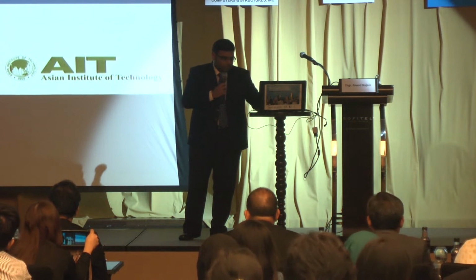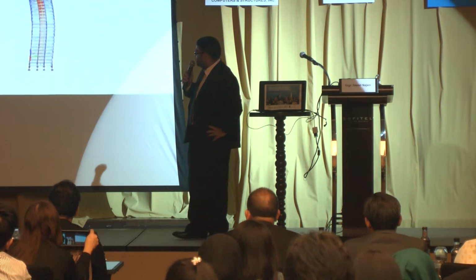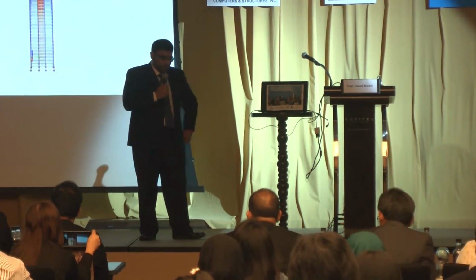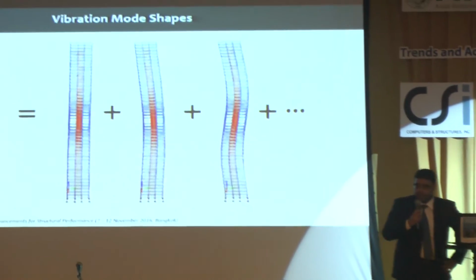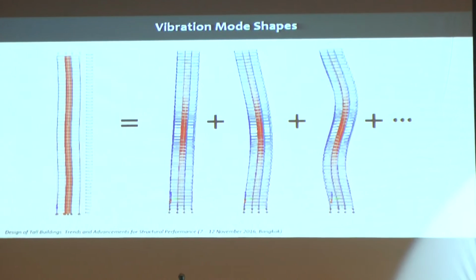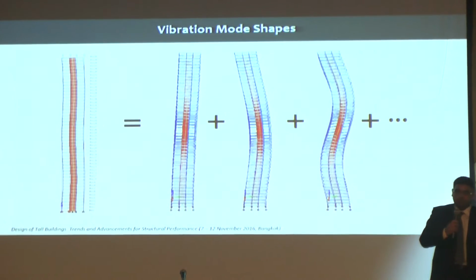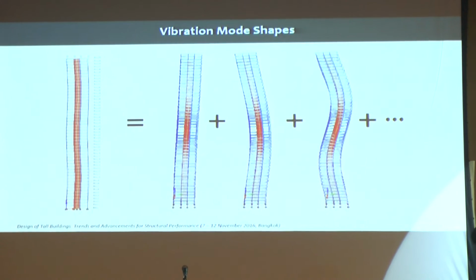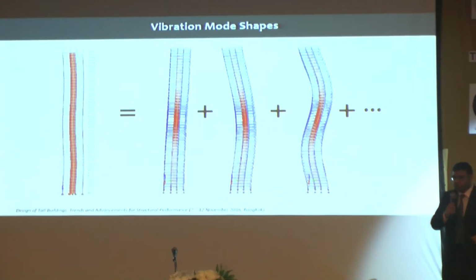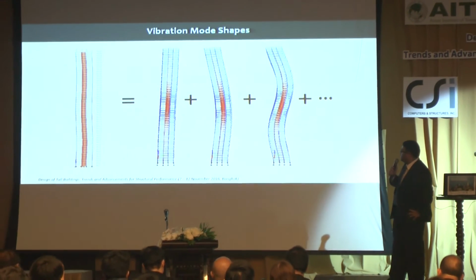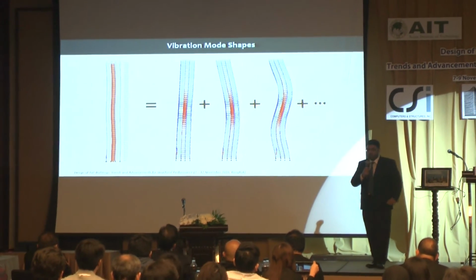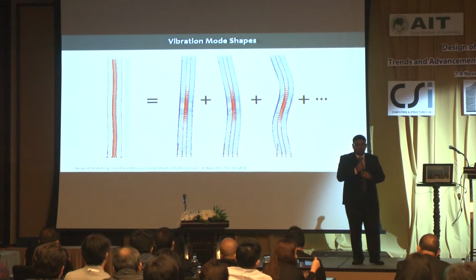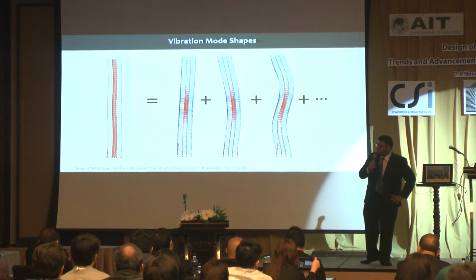I would like to start where Dr. Naveed left off yesterday about the use of mode shapes in understanding the dynamic behavior of buildings. The idea that the random vibration of an oscillating structure can be seen, or can be decomposed, into some regular, simple, harmonic motions, mode shapes, has profound applications in seismic analysis of structures.